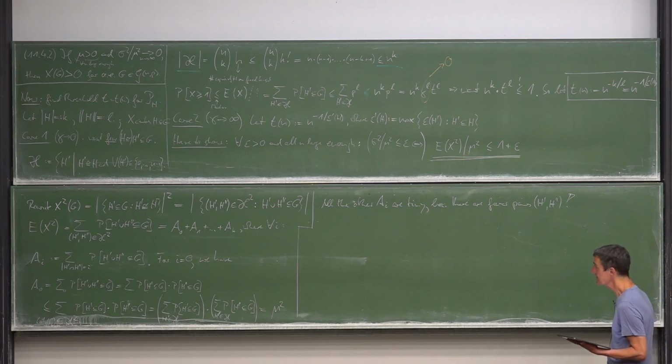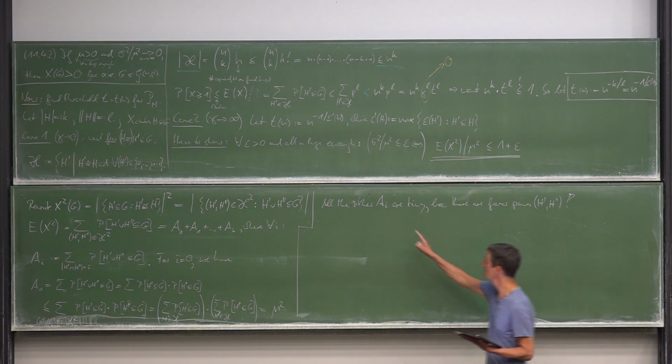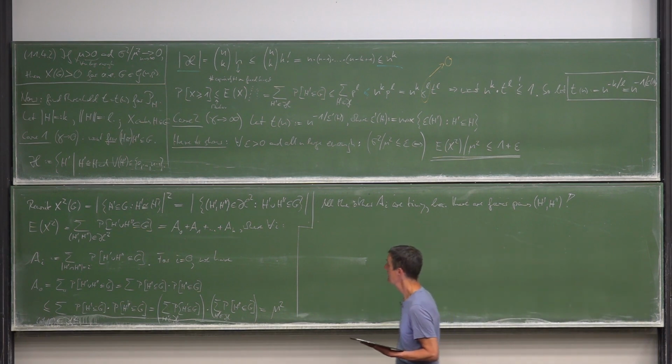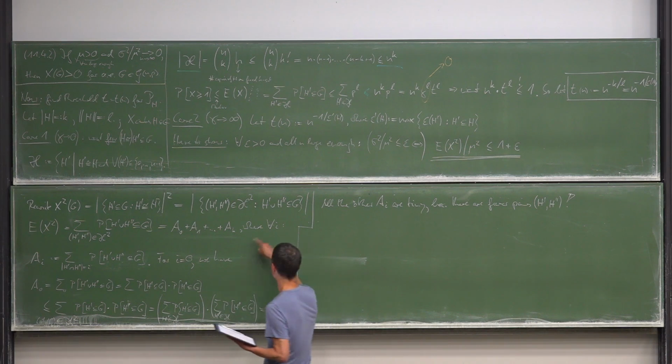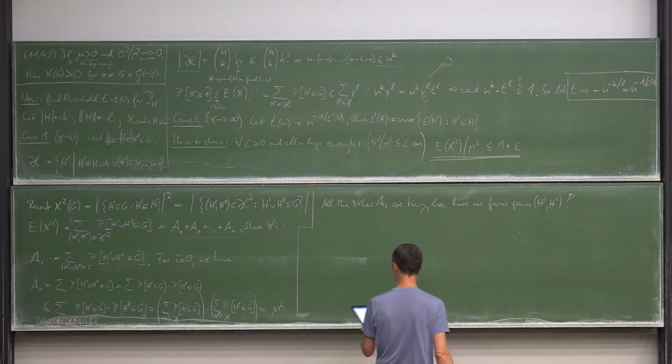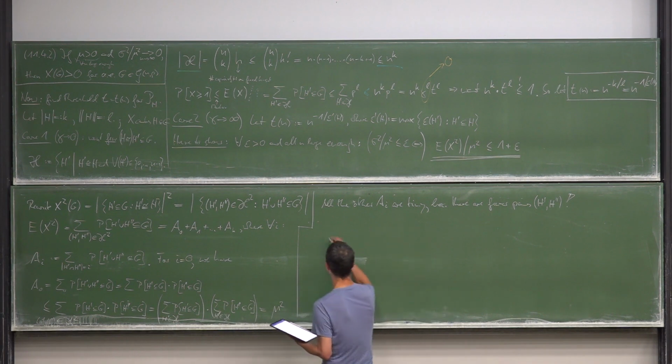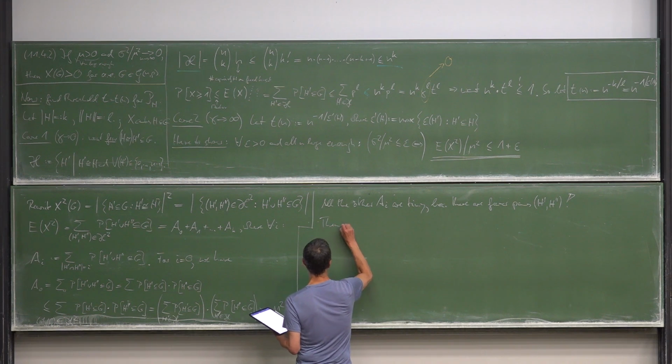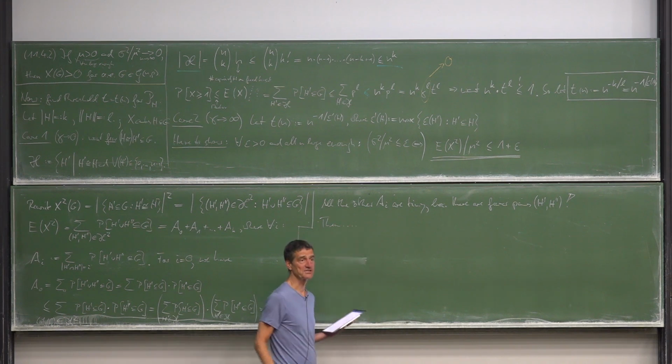That's strong enough to make all these AI smaller than their share of epsilon, so smaller than epsilon divided by k, if you like. And these dots are for a lot of computation, which you can read up in the book if you're so inclined.